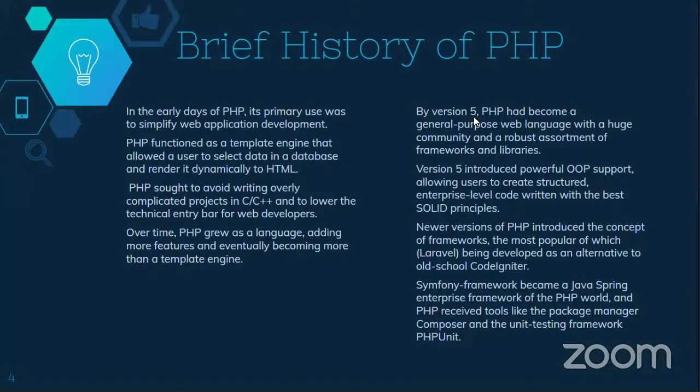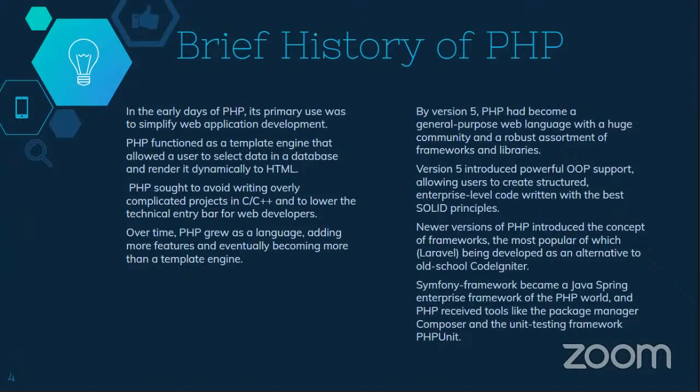But from version 5 to 7, there was an improvement. Version 5 introduced powerful object-oriented support, allowing users to create structured enterprise-level code written within the best SOLID principles. At that point, PHP started becoming more useful and stronger.